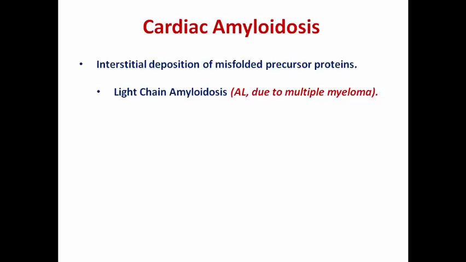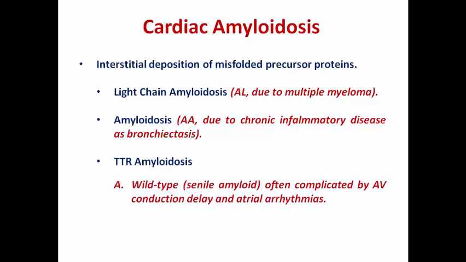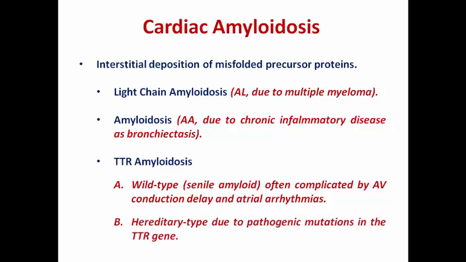Another infiltrative disease is amyloidosis, characterized by interstitial deposition of misfolded precursor proteins, which can result from light chain amyloidosis, called AL, due to multiple myeloma, usually in the elderly; AA, which is secondary to chronic inflammatory disease, for example bronchiectasis; and TTR amyloidosis, called transthyretin, which is either wild type, complicated by AV conduction delay and atrial arrhythmias, or the hereditary type due to pathogenic mutation in the TTR gene.